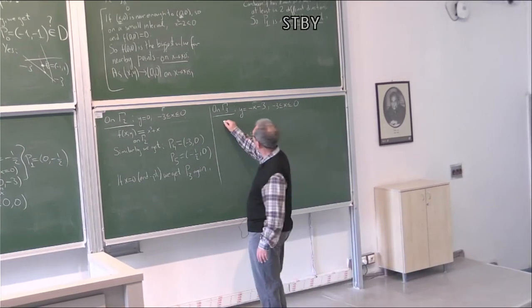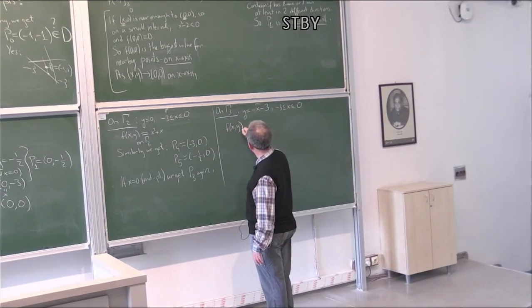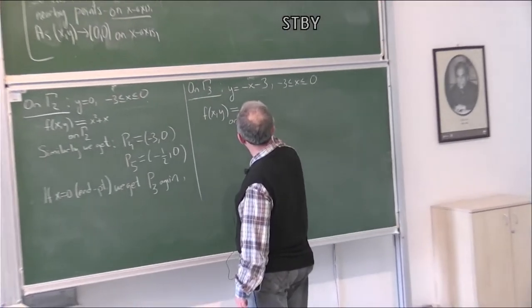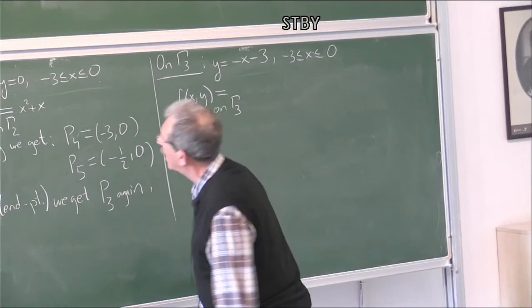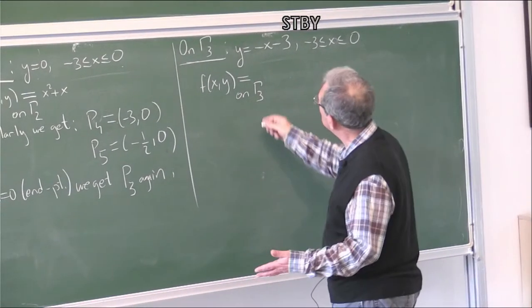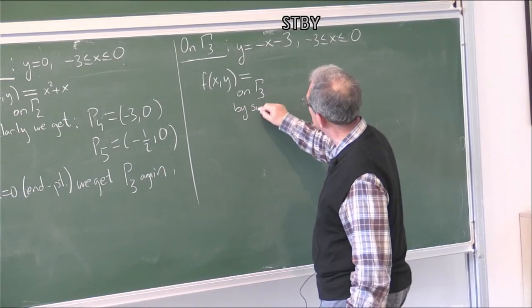So we want to check what happens to our function on gamma 3. Well, this is by substitution.